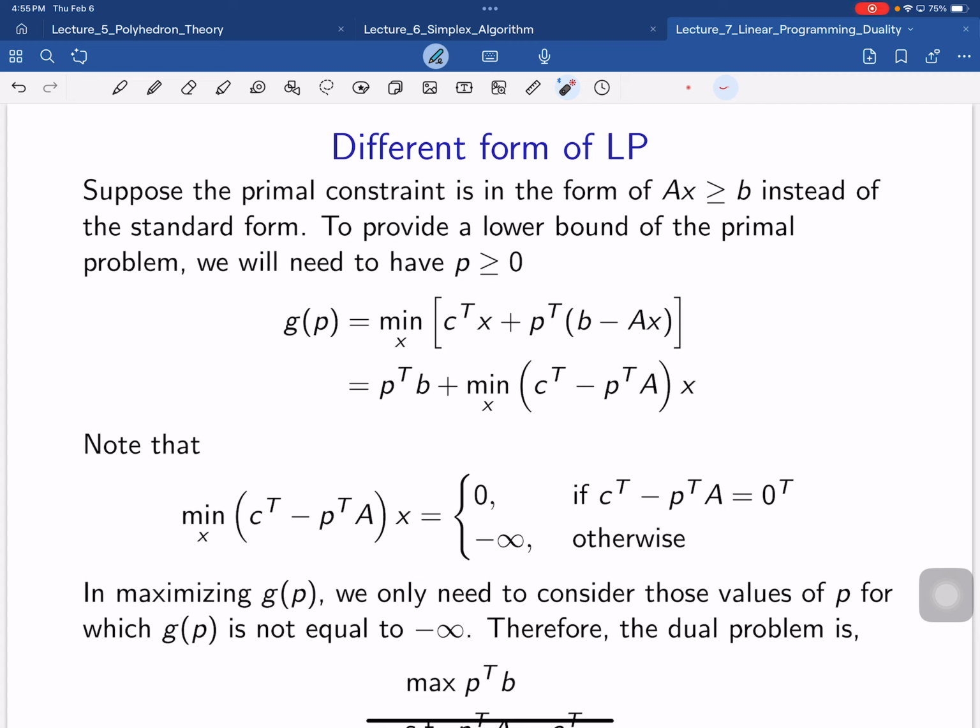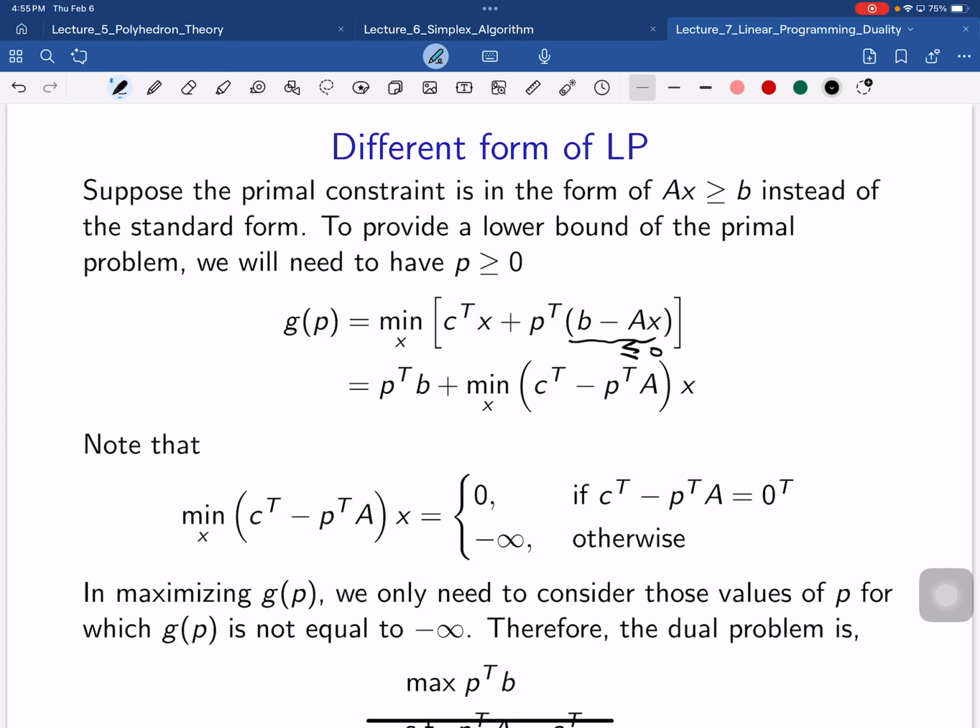Here, as you can see, I'm penalizing the violation of this inequality constraint. Since AX is greater than or equal to B, this B minus AX will be less than or equal to 0 if X is feasible.